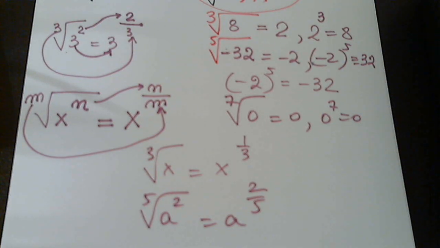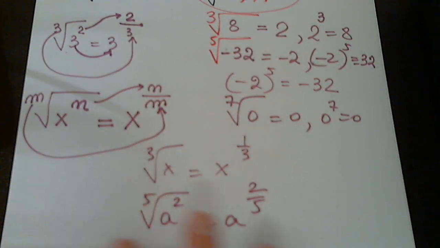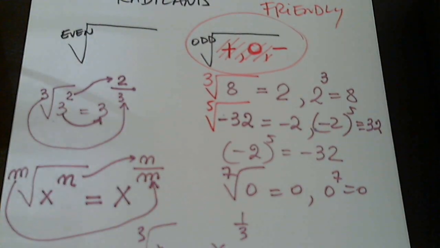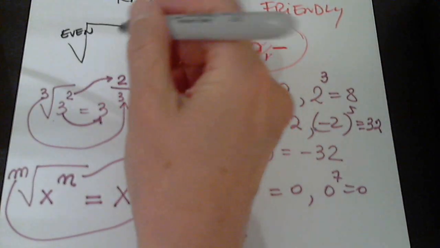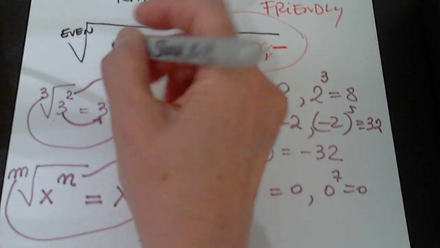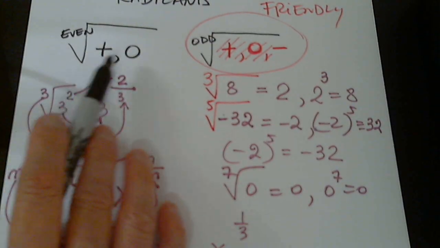Now, let's talk a little bit about even indices. So here, with odd indices, friendly, everything goes, no problem. But let's talk about this situation. This is not a friendly situation for the most part, because underneath the square root or fourth root or sixth root, it is mandatory to have only positive or 0.